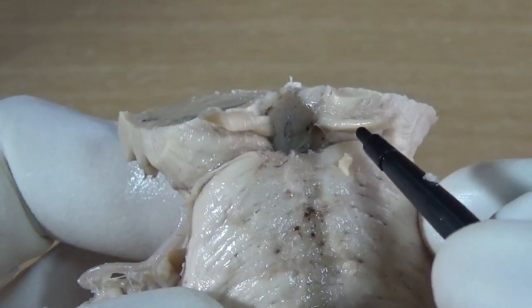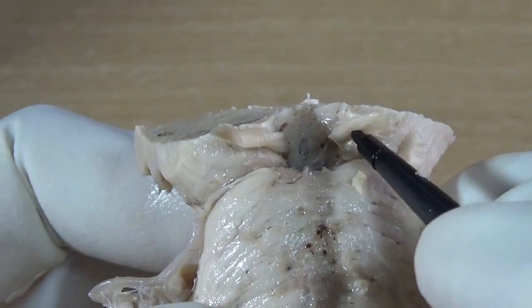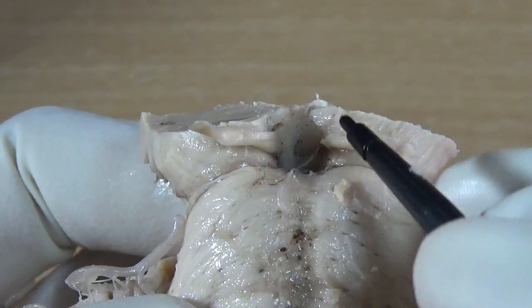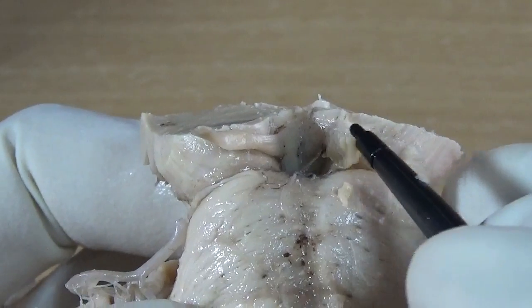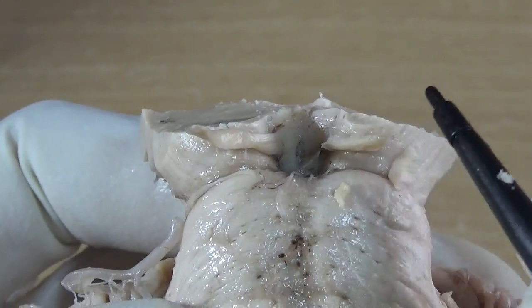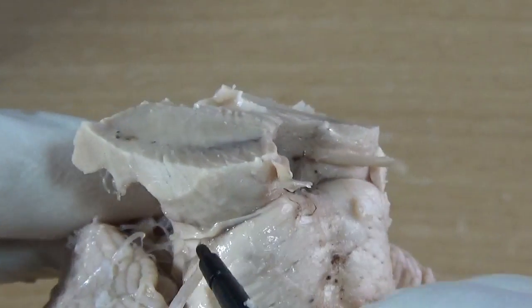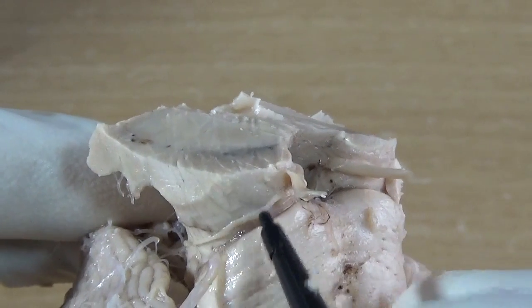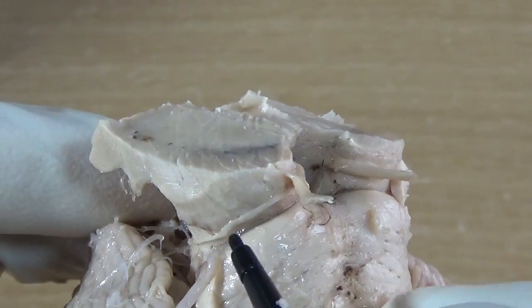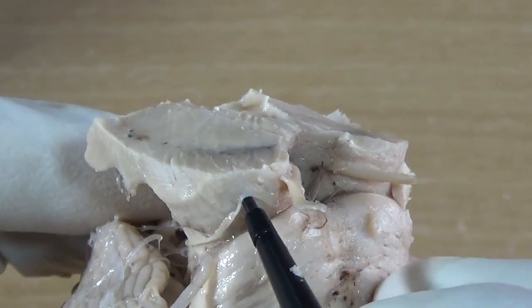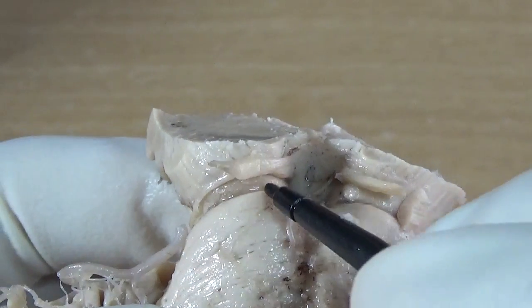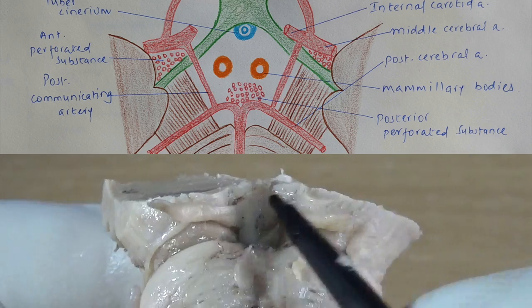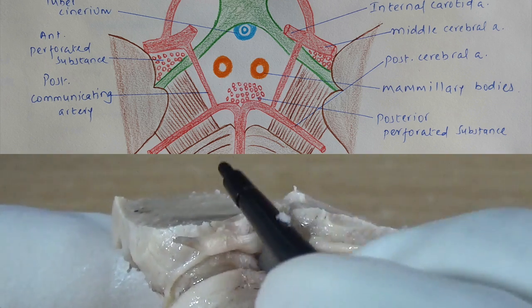This is a stump of oculomotor nerve. So it emerges out at the level of superior colliculus, whereas the trochlear nerve emerges out at the level of inferior colliculus. And these two nerves will then pass between the posterior cerebral artery and superior cerebellar artery. See this. Now here lies the interpeduncular fossa and its contents.